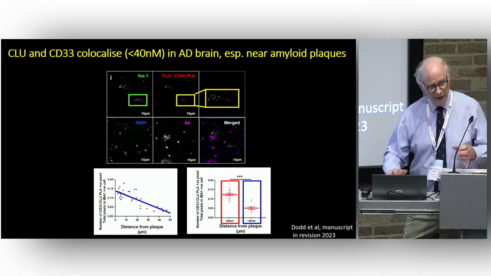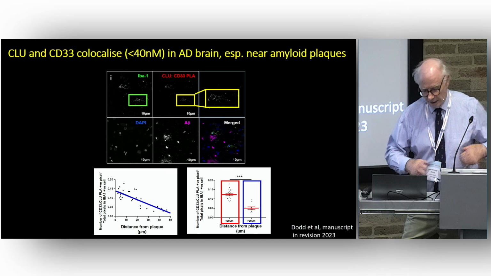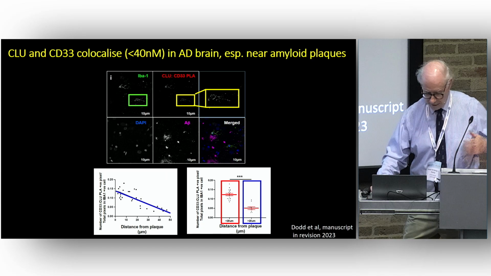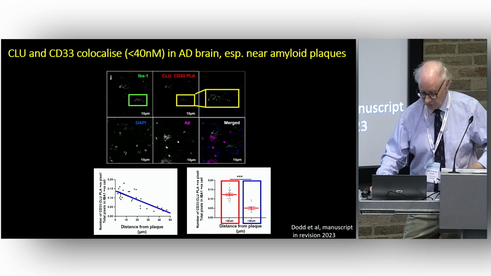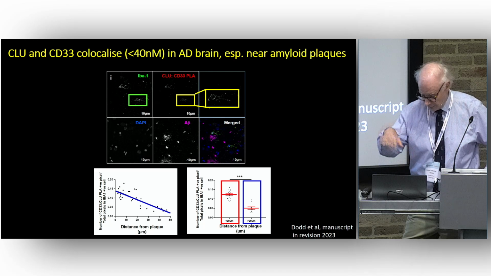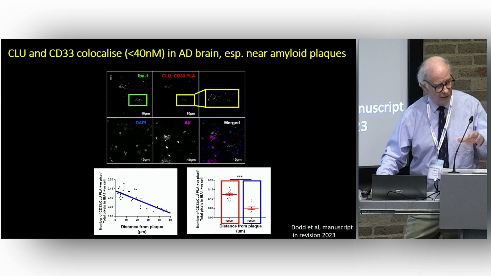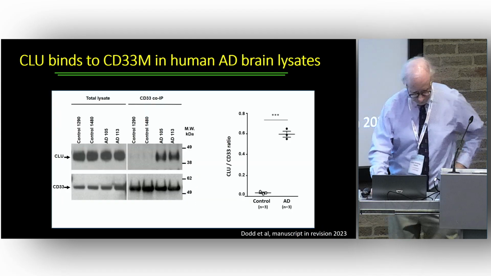Again, arguing then that there is a proximity relationship between the plaque, the amount of clusterin that was probably coming off, and A-beta that was coming off that plaque in that penumbra around the plaque, and the activation of nearby microglia.